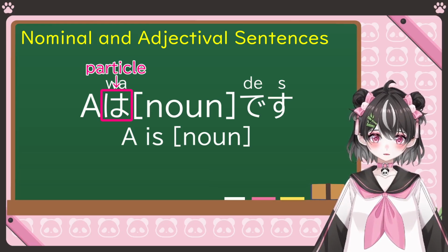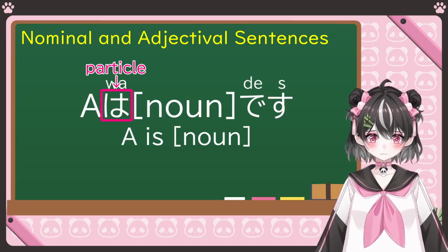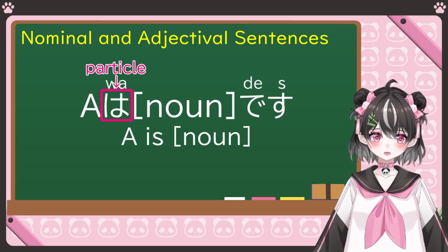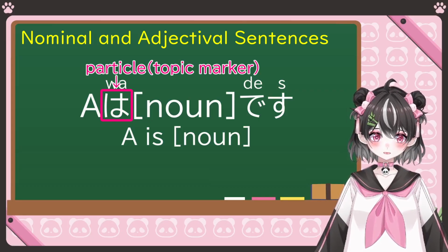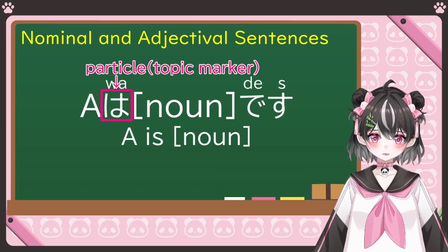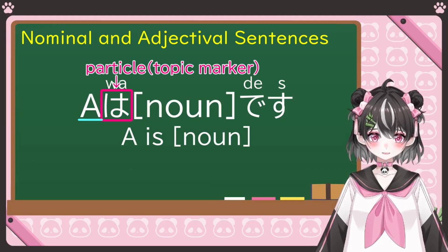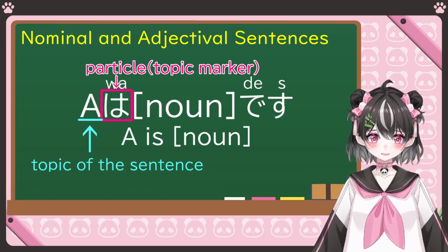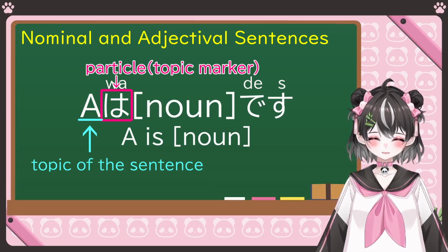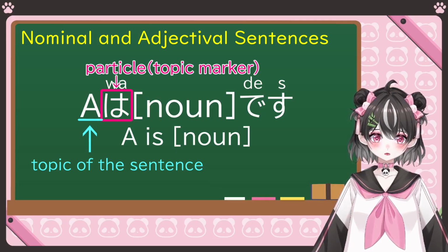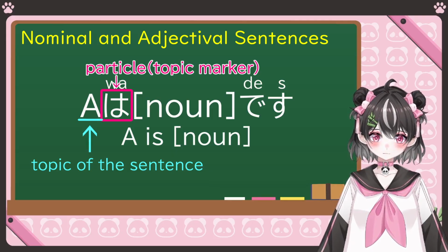Particles are used to connect words in a sentence. The particle は is often called a topic marker. So in this case, it indicates that A is the topic of the sentence. It's commonly used with the subject, but not only with subjects.